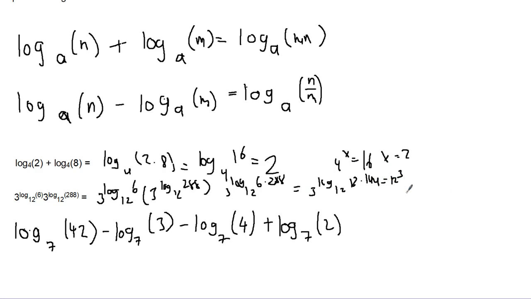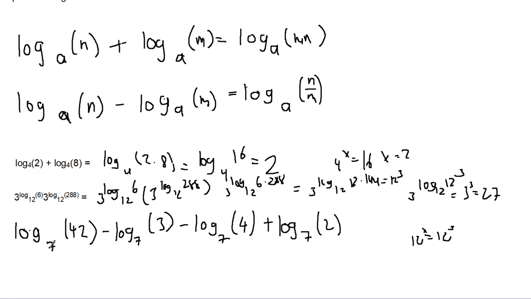Log base 12 of 12 is 1, so log base 12 of 12 cubed is 3, because 12 to the x equals 12 cubed, so it's 3. That gives you 3 to the third power, which is 27.